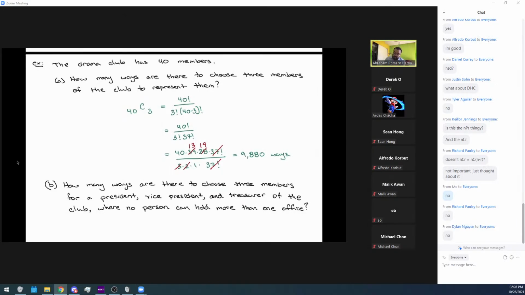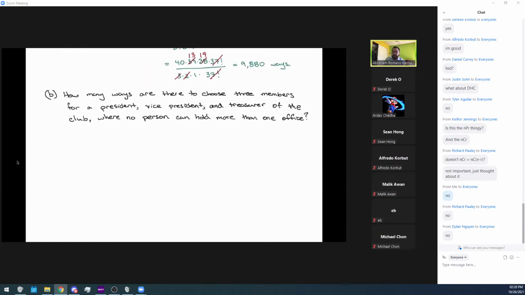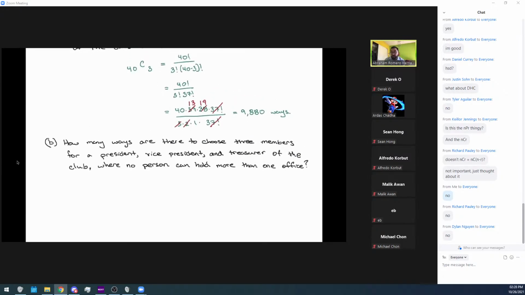All right, let's look at the example on the bottom. How many ways are there to choose 3 members for president, vice president, and treasurer of the club, assuming no person can hold more than 1 office? So in other words, not a single person, let's say Lupe, can be president and vice president at the exact same time, or president and treasurer at the exact same time.